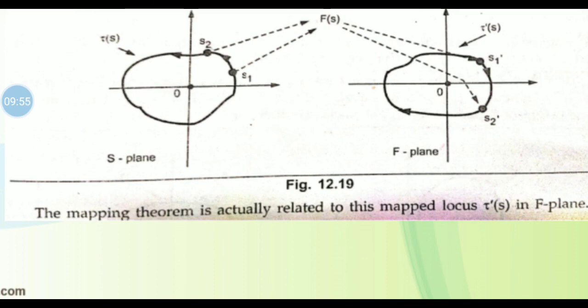Mathematically we can write N equal to Z minus P, where N is the encirclements of the origin of the F plane by Γs dash path, P is the number of poles of f(s) encircled by Γs path in the s plane, and Z is the number of zeros of f(s) encircled by Γs path in the s plane.